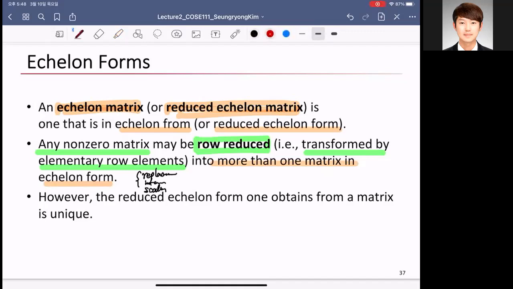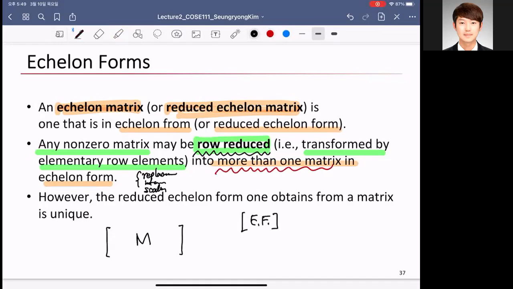In other words, let's suppose that we have a matrix, our original matrix, let's say M. By using a sequence of row operations, we can row reduce the original matrix to an echelon form. But it's not unique. There is going to be more than one matrix.